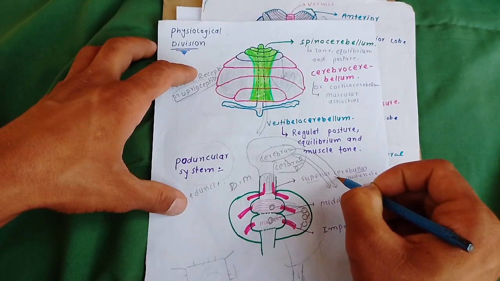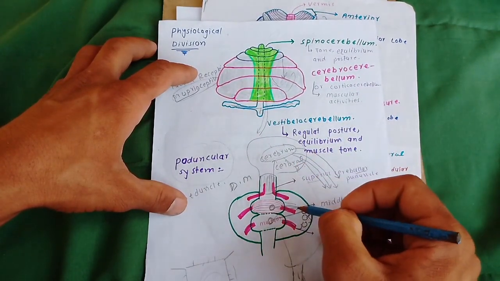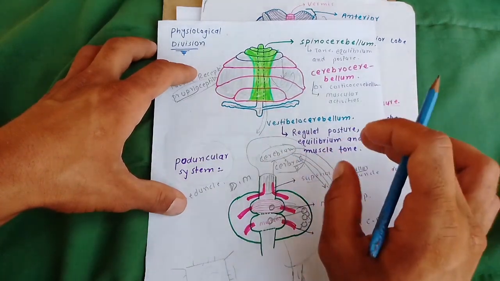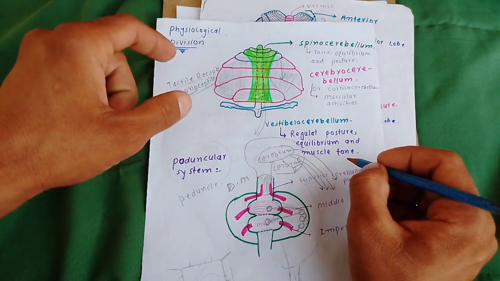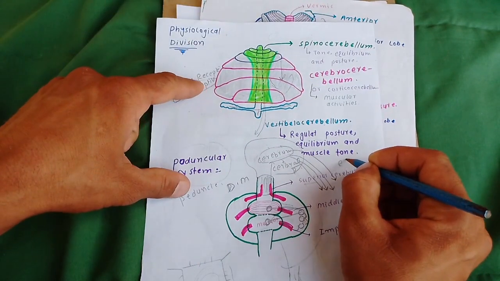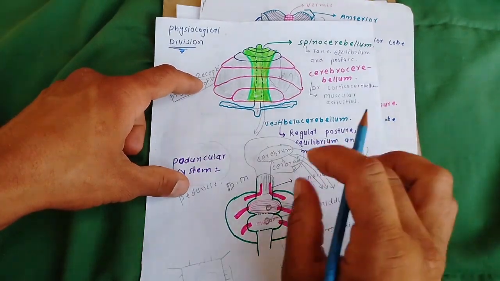So the cerebellum gives a message to the cerebrum to stop all activity, all muscular contraction and relaxation, except the muscles for the damping.